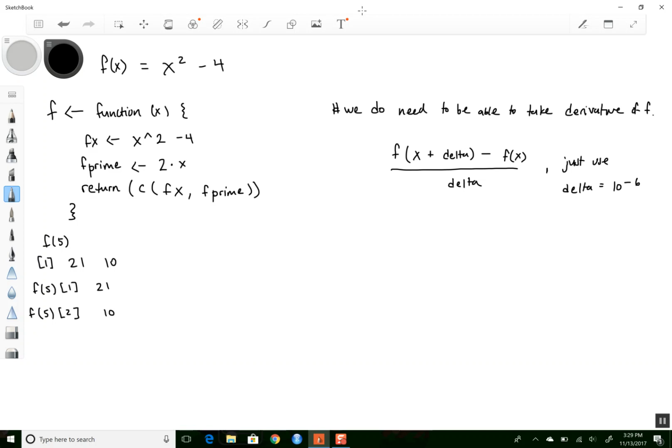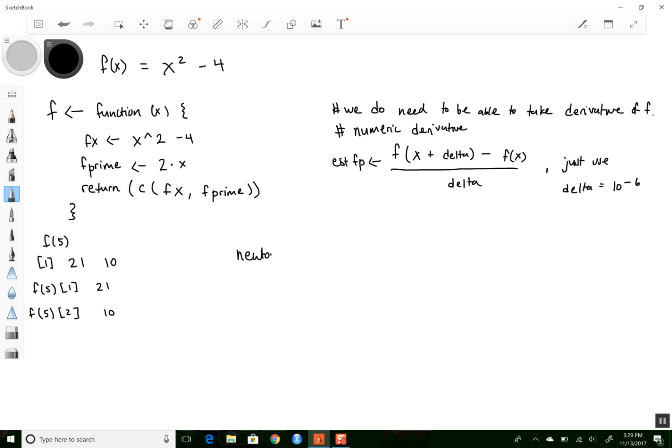So here's a numeric derivative approximation, an estimated f prime. All right, Newton-Raphson then.